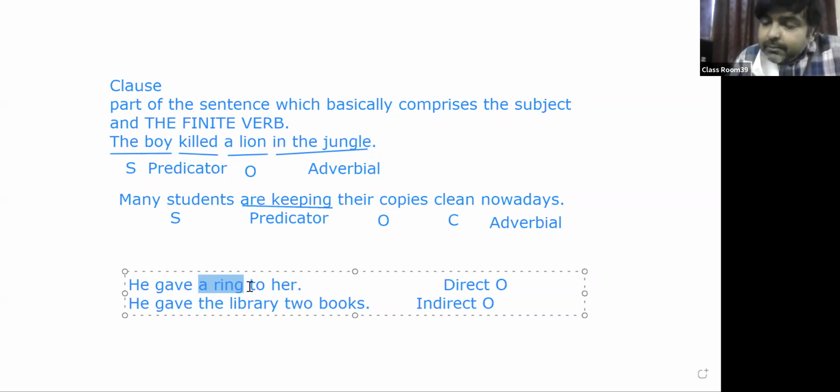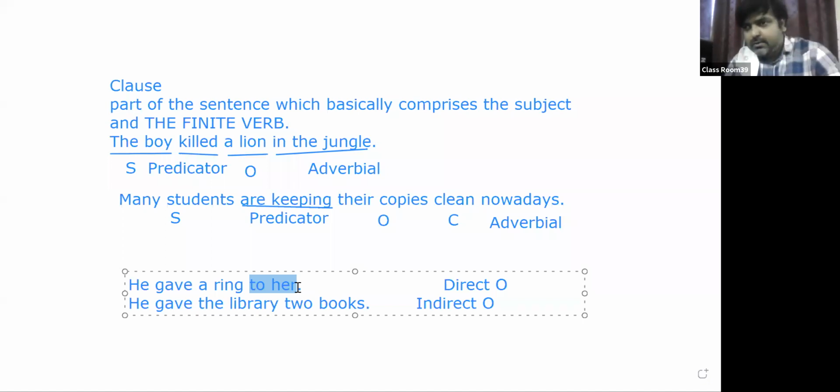Now here you cannot ask the question to whom. You cannot ask the question because यहाँ पे इस प्रोनाउन के पहले एक preposition आ गया है and this makes it a prepositional phrase. It's not an object. A ring is a direct object, the only object present in that sentence.